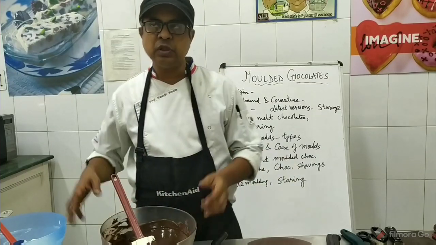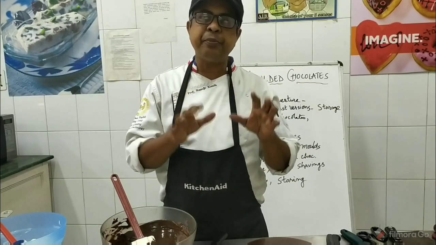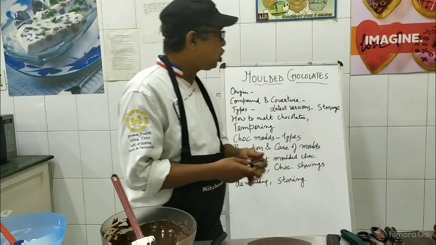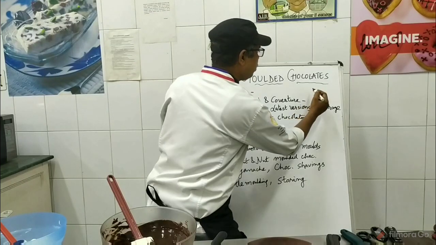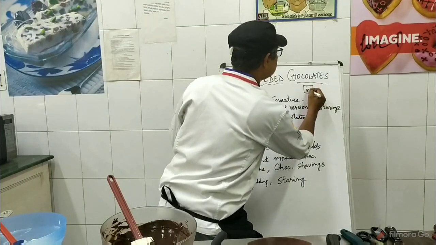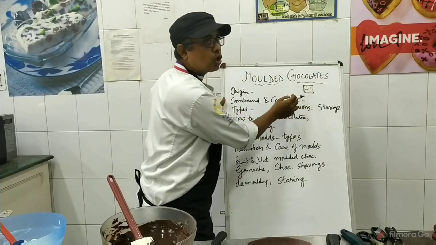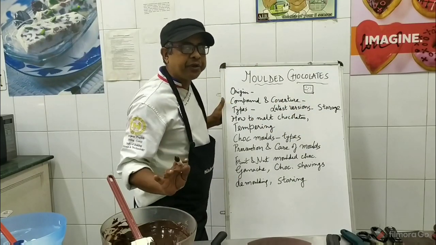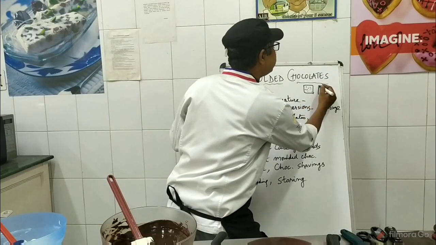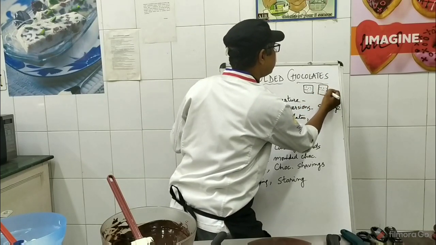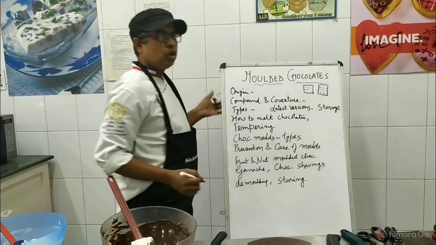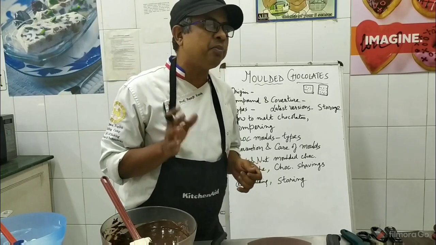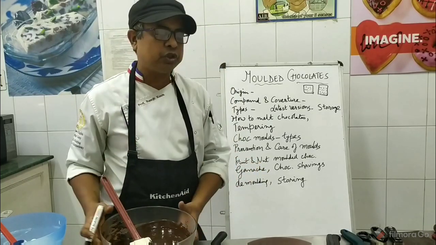What happens is that when we temper, the molecules of the chocolate are aligned. Initially, the molecules are aligned in an opposite state, but when we do the tempering, they become like this. That is the importance of tempering, and it is a requirement for couverture chocolates.